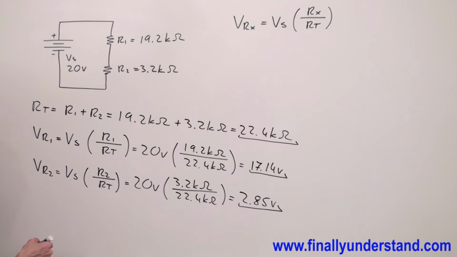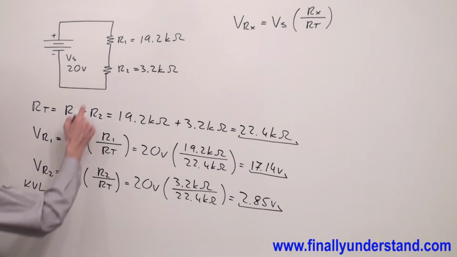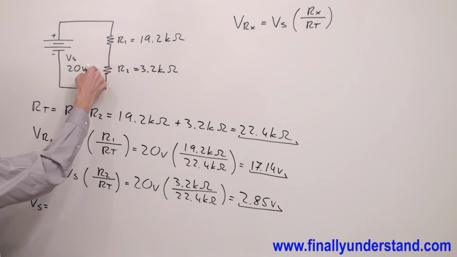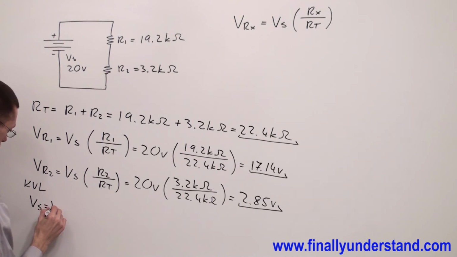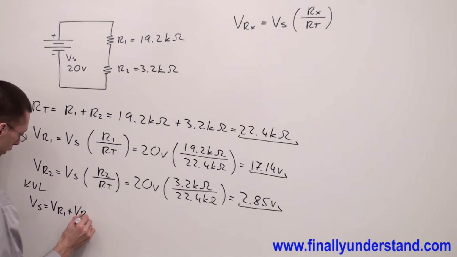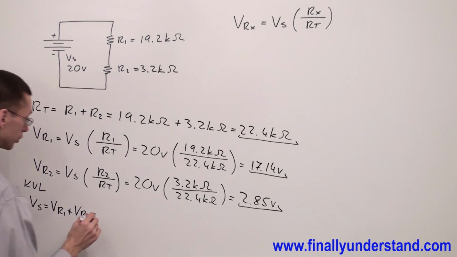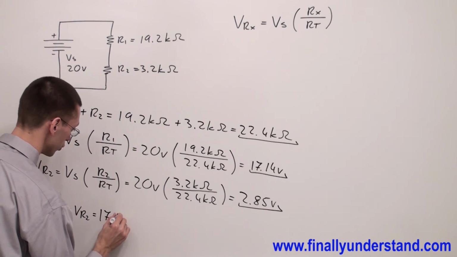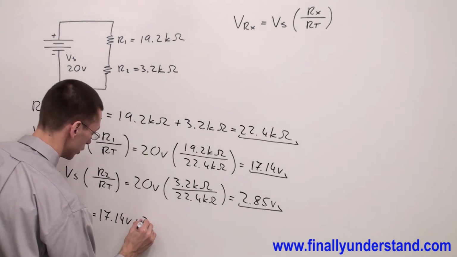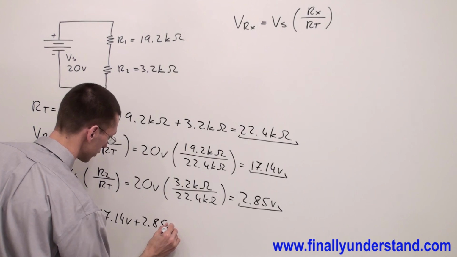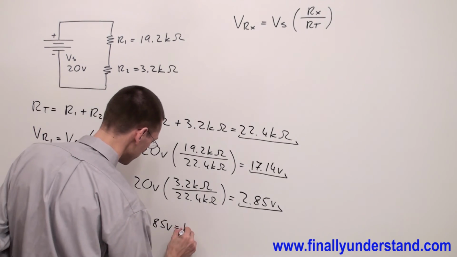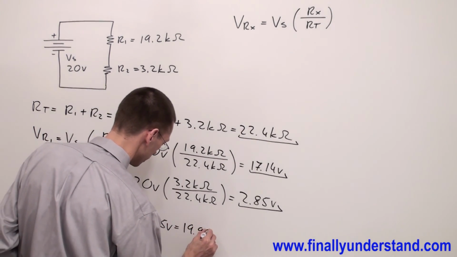If you want to verify that your answers are correct, you're supposed to use KVL, Kirchhoff's voltage law. Remember, in a series circuit, the voltage source is equal to the sum of the voltage drops across each resistor. That's why you write: voltage source is equal to V_R1 plus V_R2, where V_R1 is 17.14 volts plus 2.85 volts, which is equal to 19.99 volts.